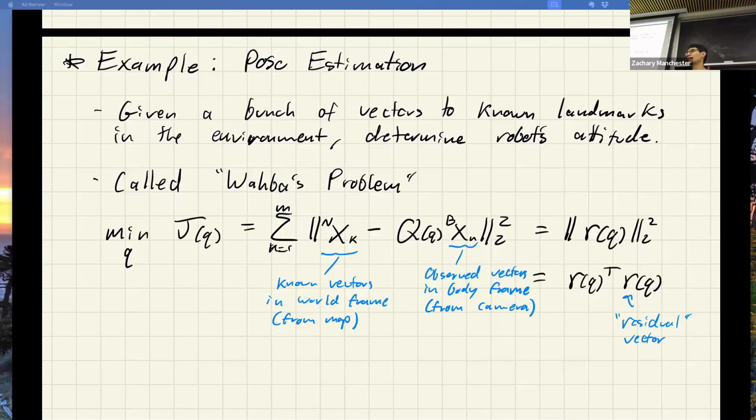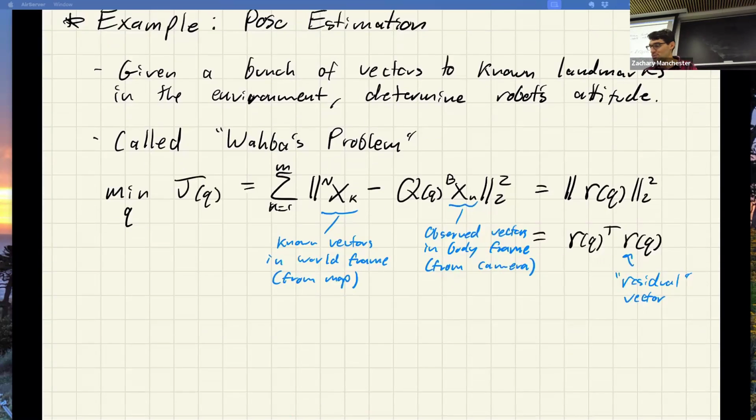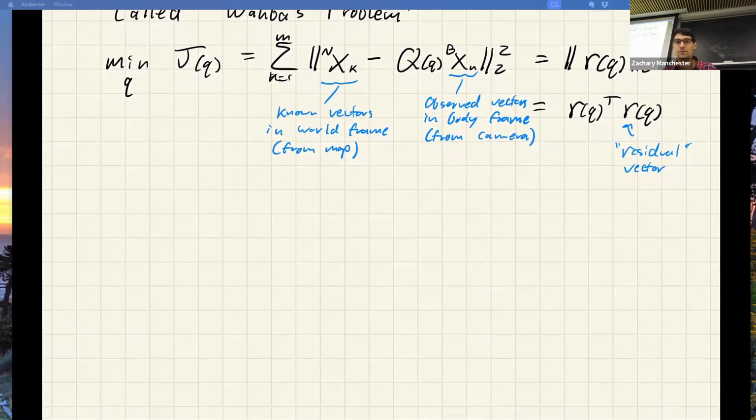Okay, so this is a pretty classic nonlinear least squares problem with just the one twist that the thing we're solving for isn't a vector. It's a rotation. So there's just a little extra twist on the classic least squares setup. Let's write this residual down in a little more detail.